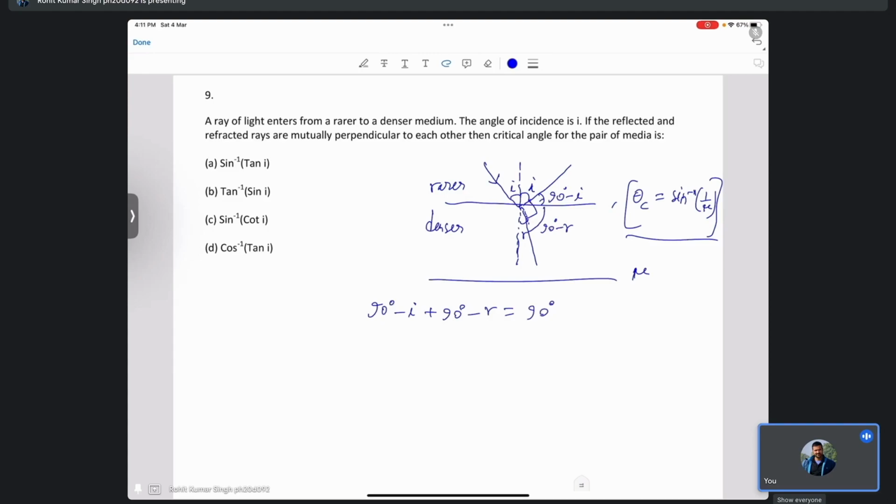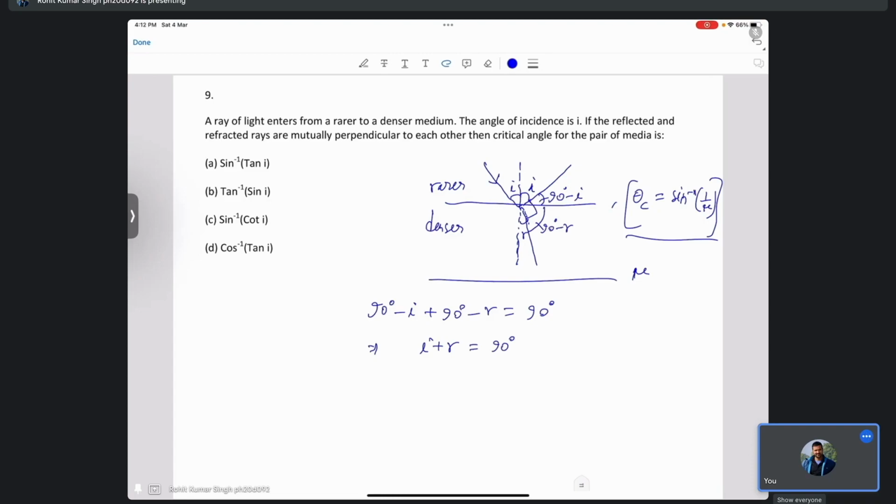These two angles add up to 90 degree. So here you can get a relation between I and R: the sum of incident and refracted angle is 90 degree.